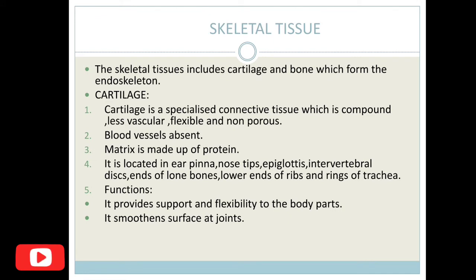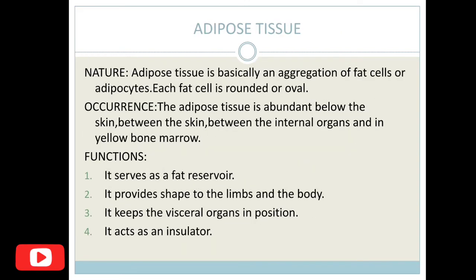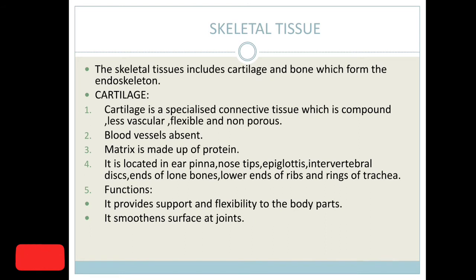This is the skeletal tissue. It includes the cartilage and bones, and that cartilage and bones form the endoskeleton. You can see here in the picture how the cartilage and the bone look. Cartilage is a specialized connective tissue, it is less vascular, flexible and non-porous, and here the blood vessels are absent.